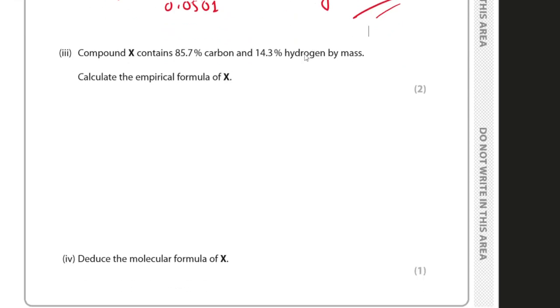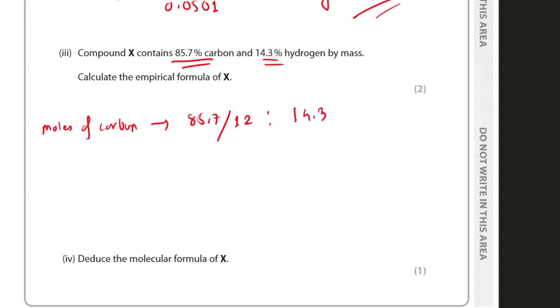Again, if you want to find the empirical formula of X, let us at first find the moles of carbon, which is, since the mass is provided in percentage, you can just easily divide it by its molecular mass, and this one as well, 43.1 divided by 1, so 1.